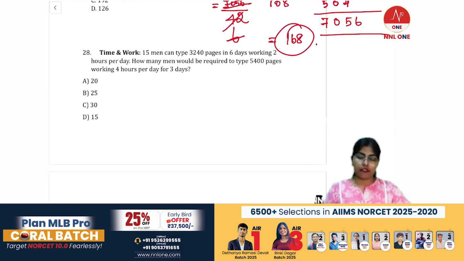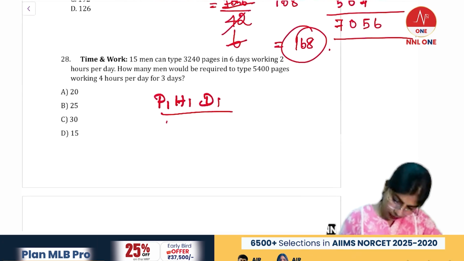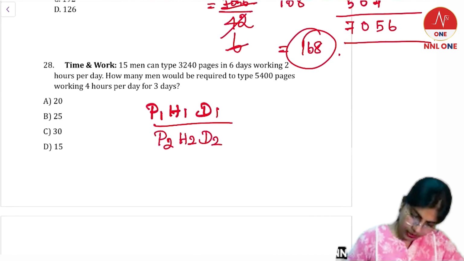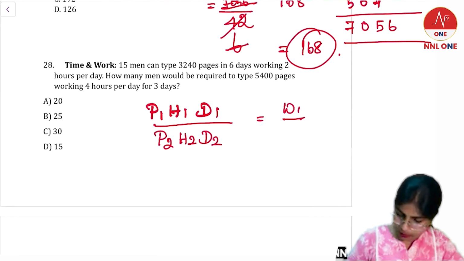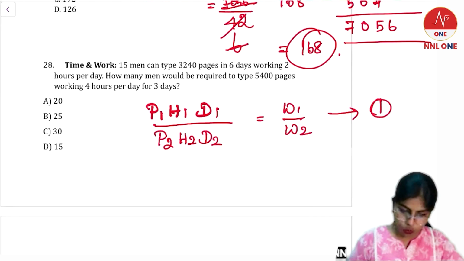Next. If time and work problems come, there are two formulas to keep in mind. The first one is P1 H1 D1 by P2 H2 D2 is equal to W1 by W2. So this is the important formula 1.